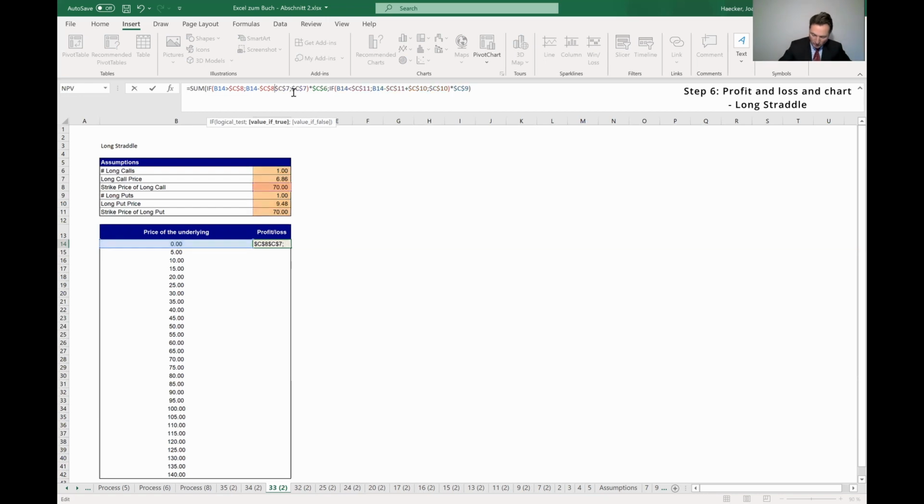Because we are long, we need to pay for the call, i.e. this becomes a minus, the premium is negative. In all other cases, it's negative. That remains the same. We come to the second part of the formula. If the share price is smaller than the strike price of the long put, then again, the same thing here. Then we grab the strike.